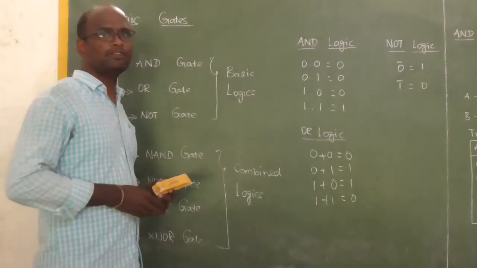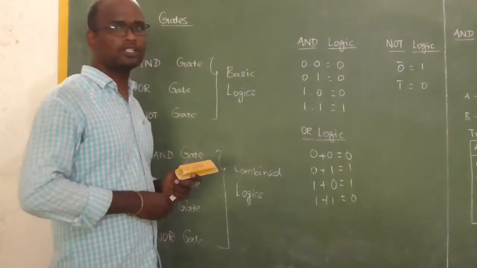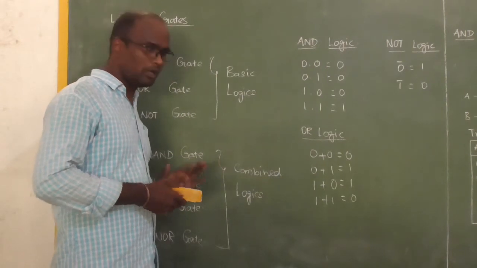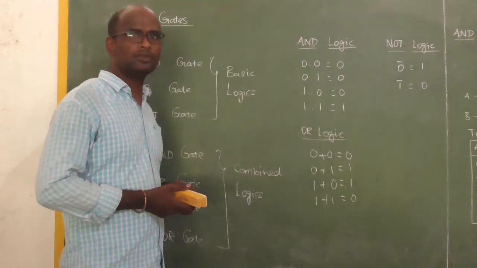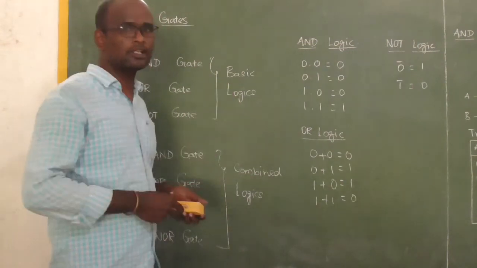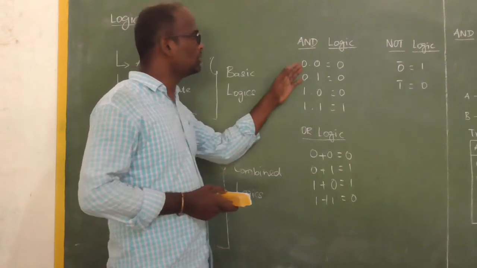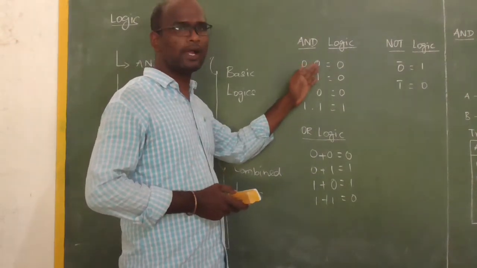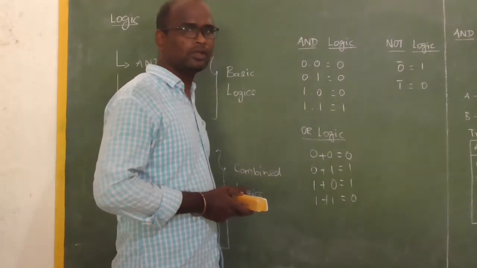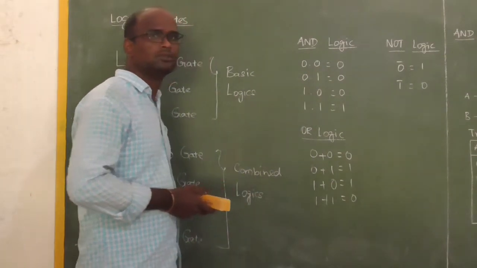Now, we can perform these 3 logical operations on paper itself, with pen and pencil, like 0 and 0 is equal to 0, 0 and 1 is equal to 0, and so on.